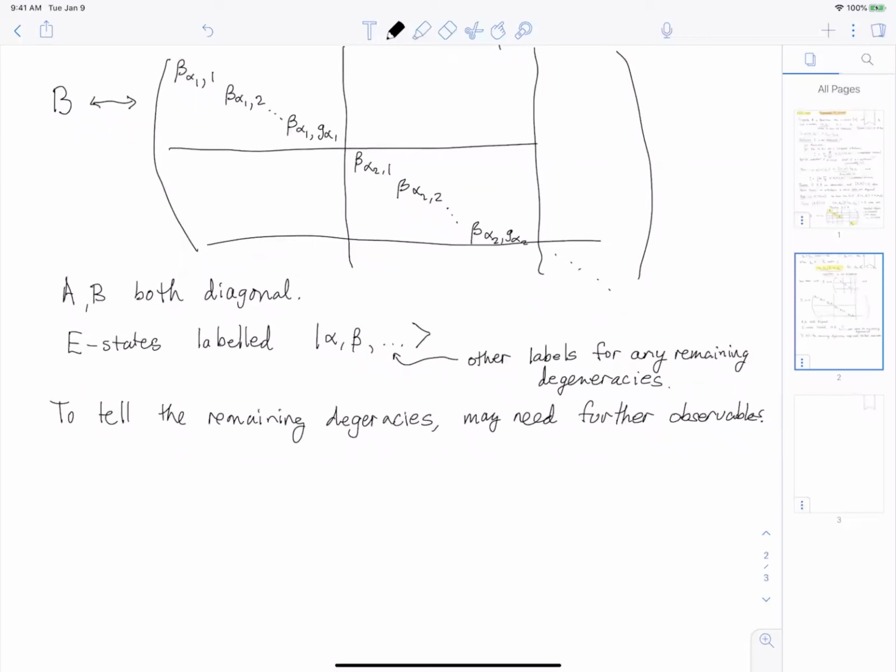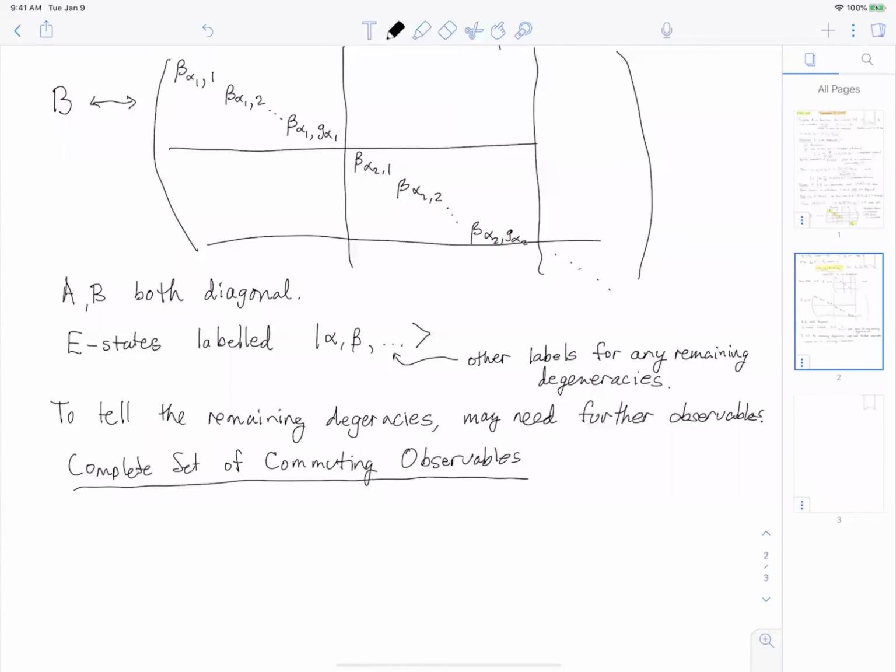And when you're done, if you've succeeded in finding a set of observables that tells apart every possible state, then that's called a complete set of commuting observables. And so we're going to call that a CSCO, complete set of commuting observables.